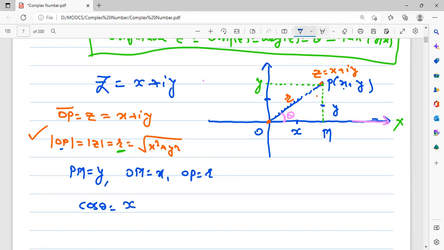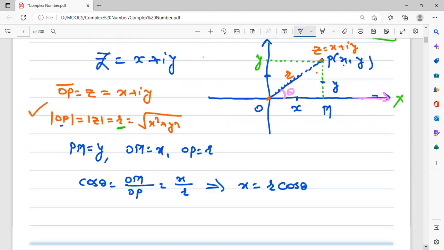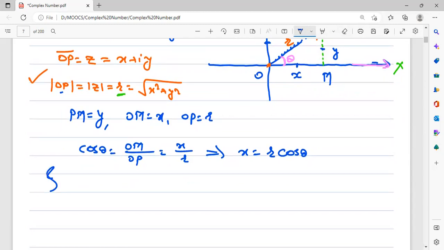Cos theta is equal to OM divided by OP, that is x divided by r. So OP is r, and from this we get x is equal to r cos theta. And what is sine theta?